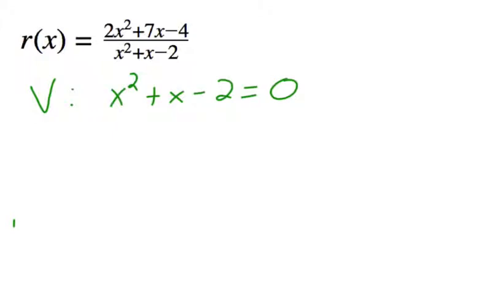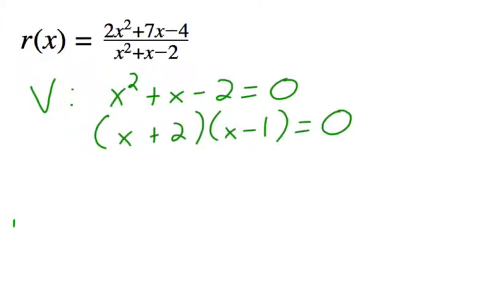Quadratic formula works all the time. It's a good way to do it. I just don't like it as much, so I'm going to choose to factor. So I skipped the area model in the box, or in the diamond problem, but this gives you your two vertical asymptotes for this. X equals -2 and x equals 1.